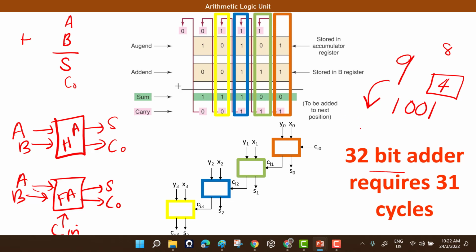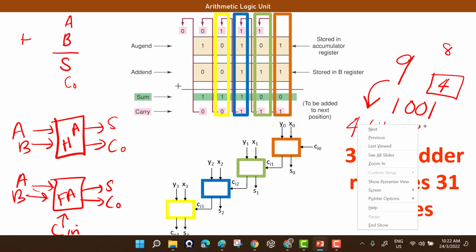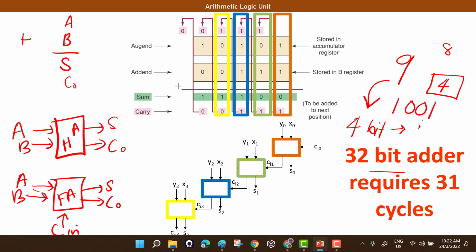But of course, if I have a 4-bit system, what is the minimum number that I can represent with a 4-bit system? Minimum means 0.